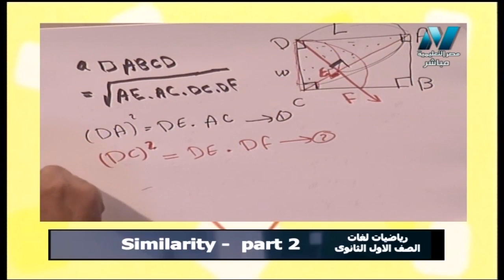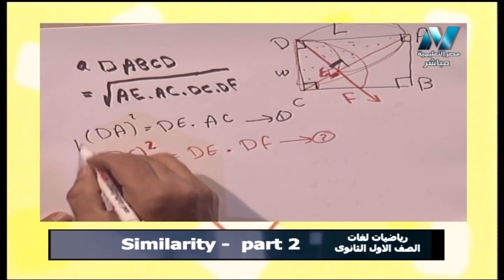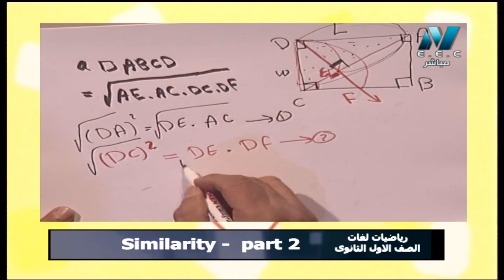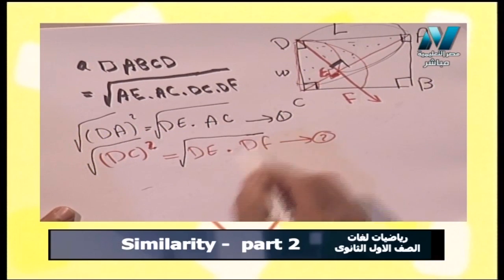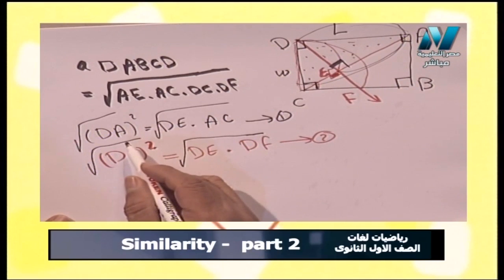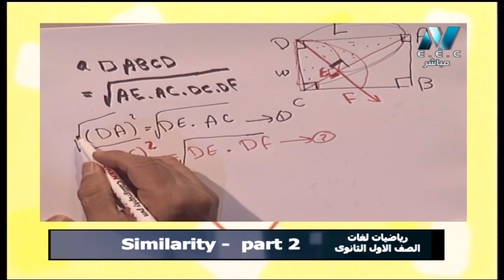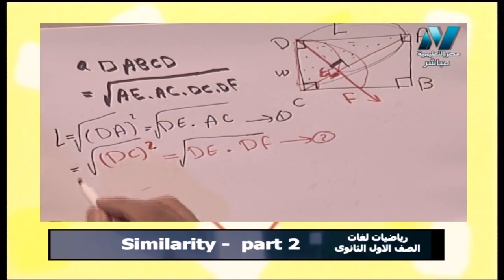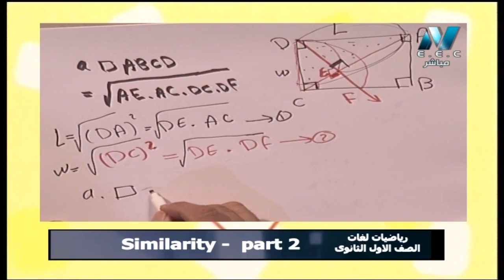And we find the square root of the two sides here to find DA only, and put the square root to the two sides here also to find DC only. And we know that DA is the length of the rectangle, and DC is the width of the rectangle, and we know that the area of a rectangle equals length multiplied by width.